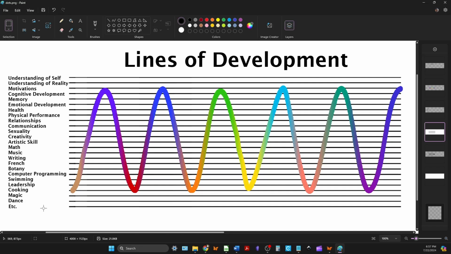You could also be developing your creativity and your artistic skills, like your technical skills in art, simultaneously. So you can see how multiple lines could be directly related to each other, and we do experience that as we're developing ourselves.